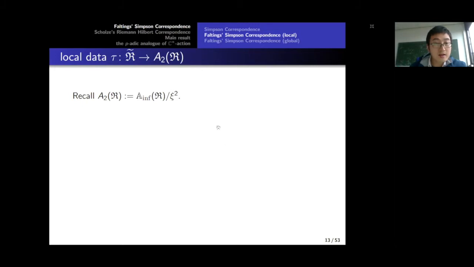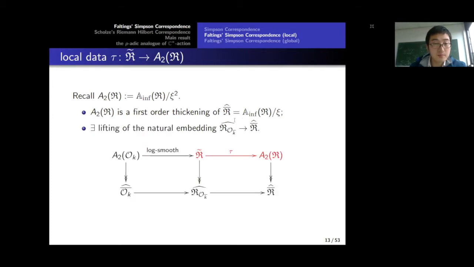And then for the local δ, τ, as we recall this A_2(R), which is also a first order thickening of R bar hat. So again, by this log smoothness, we can lift this natural embedding map from R_{O_K bar hat} to this R bar hat to a map from R tilde to this A_2(R). Okay, this is the local δ, τ.